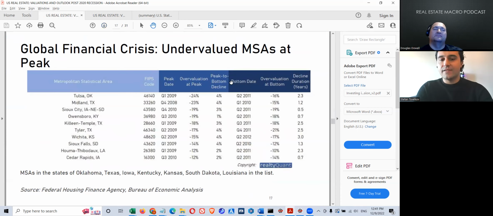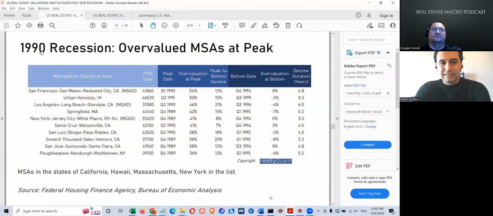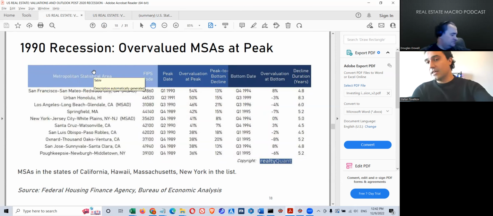And the undervalued ones, even in the global financial crisis, declined only 1 to 4%. It is based on back studies for basically every recession in the past 45 years, where the global financial crisis is a very severe recession example. 1990 is a very mild recession example.